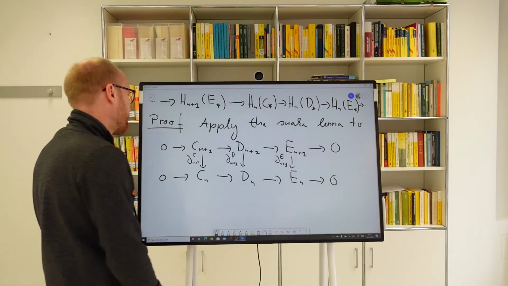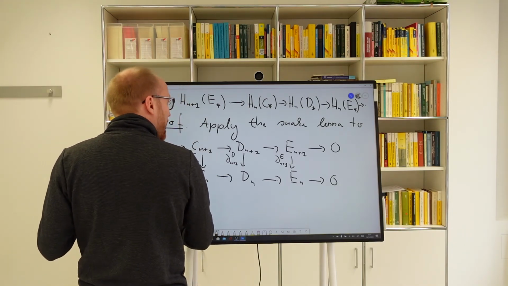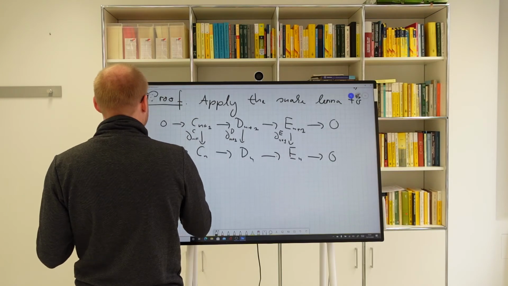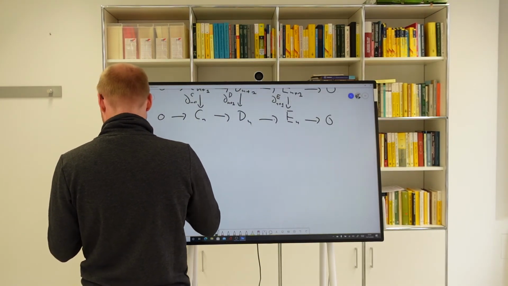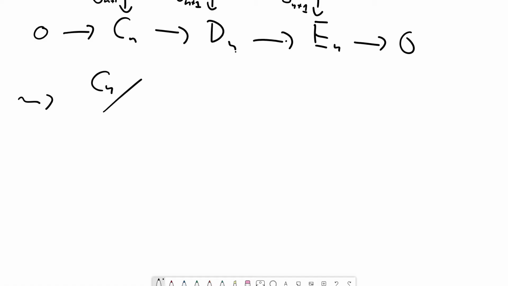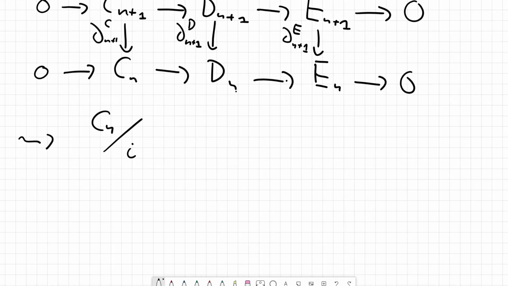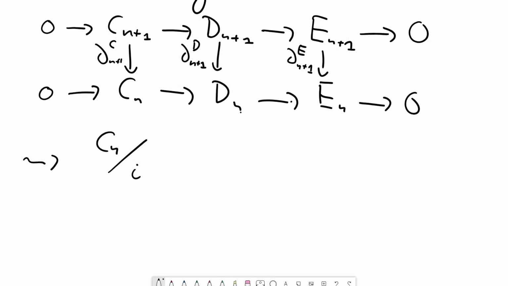And what does it give us now? Well, it gives us a 6-term exact sequence, of which we only need the last 3 terms. So by the snake lemma, we obtain from this an exact sequence from the co-kernel of this very map here, so C_n modulo the image of d^C_{n+1}.